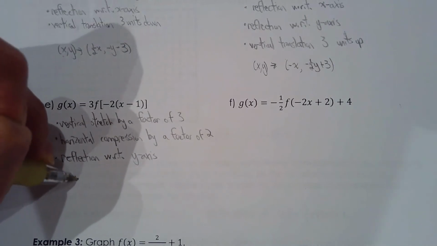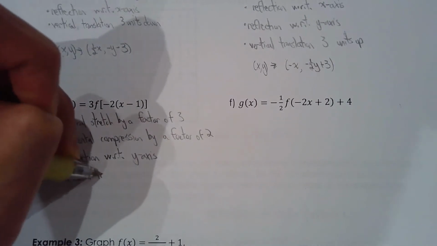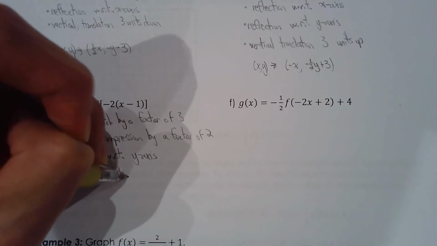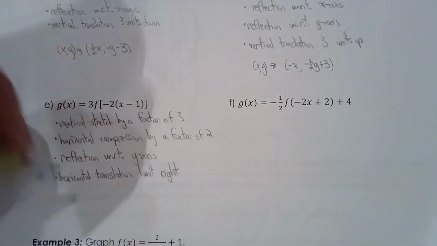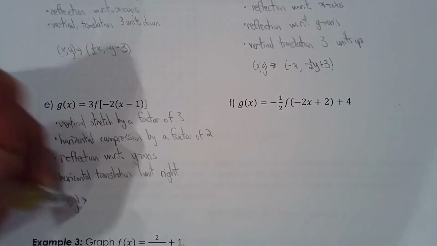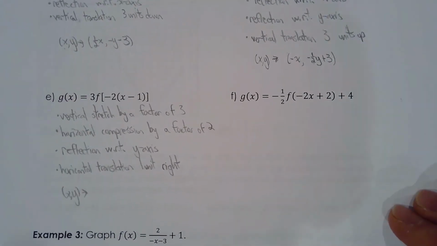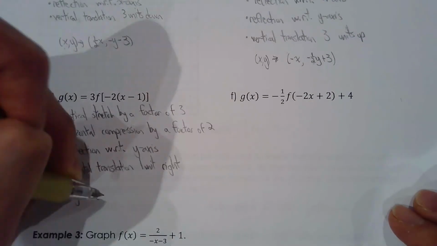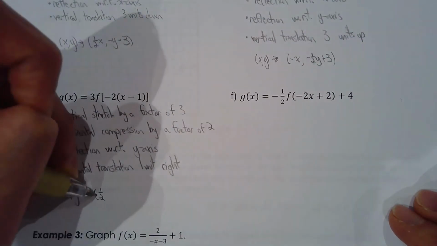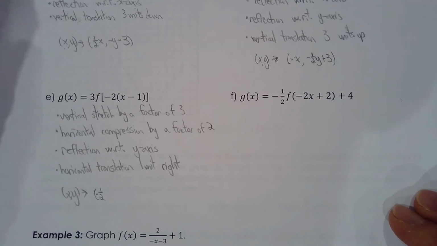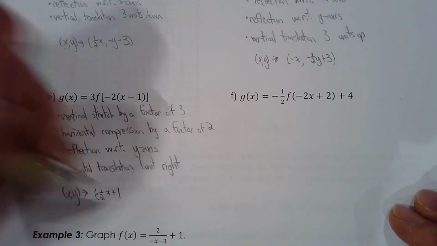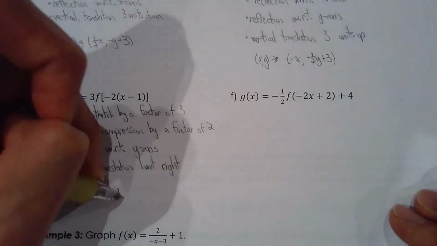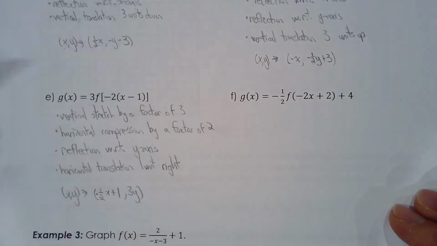Horizontal translation 1 unit right. More importantly, the mapping rule. So we're looking at half. Oh, it's negative half because there's also reflection with respect to the x-axis. Oh, with respect to the y-axis. And we're adding 1 because we're going 1 unit right. And then 3y. And that's it.